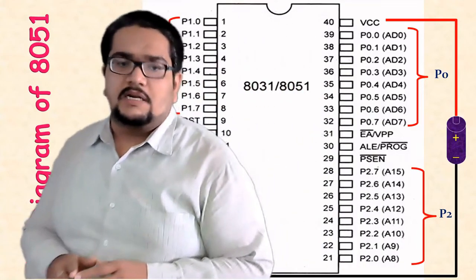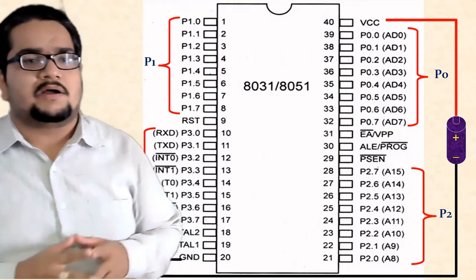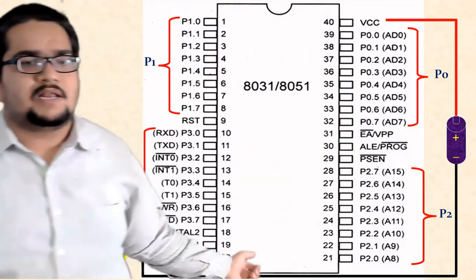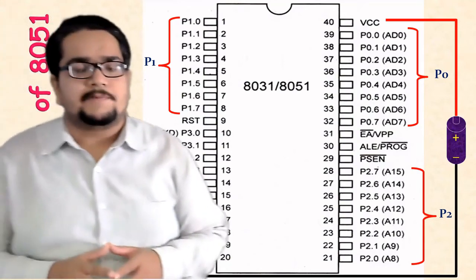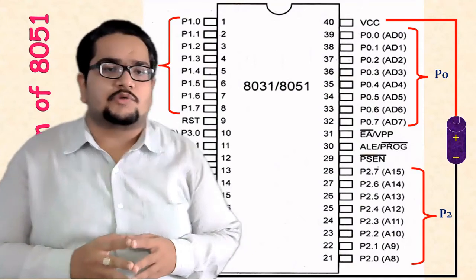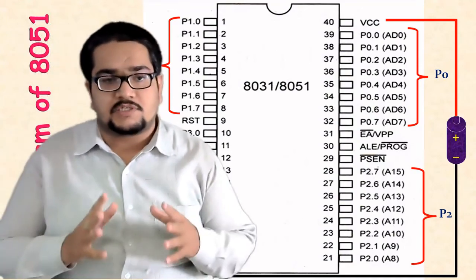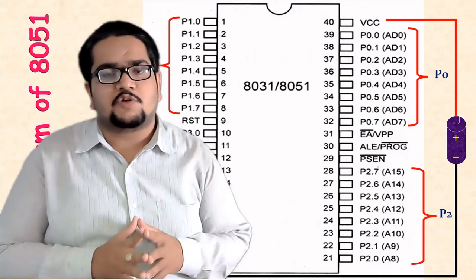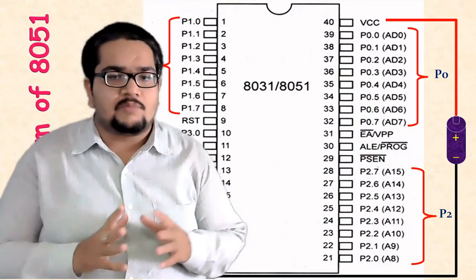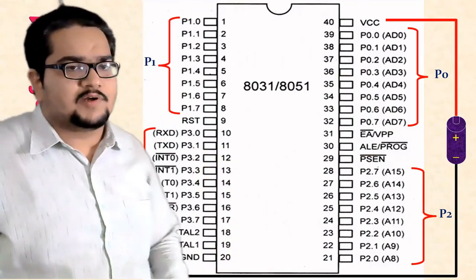How to connect an oscillator will be discussed in the next class, along with reset, XTAL1 and XTAL2. We will also see more details about the IO ports, with an elaborated view of the different ports, more specifically port 3 because it has dual functions.